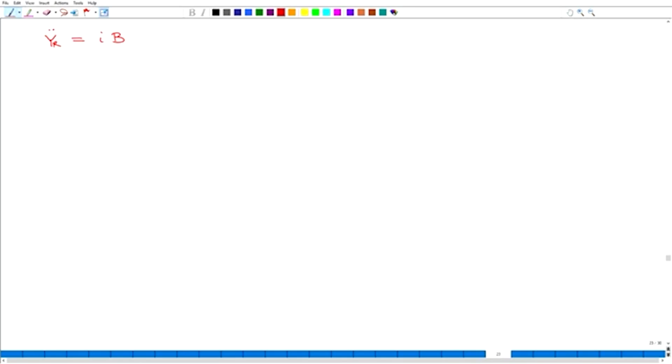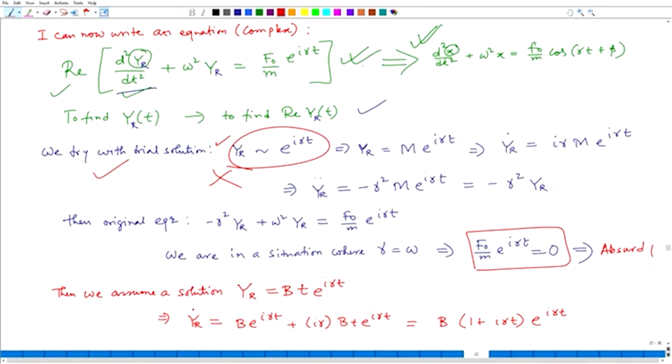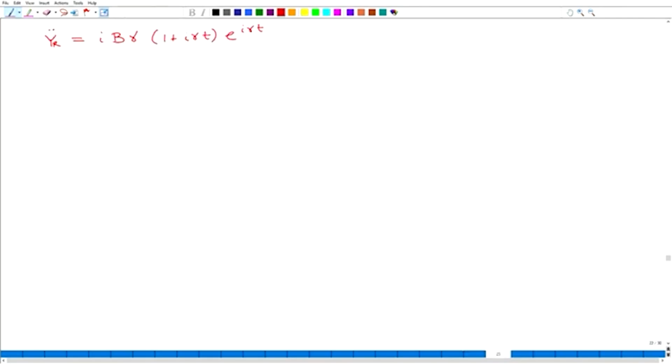So, it should be I b gamma times 1 plus I gamma t, e to the power I gamma t, because I first take d/dt over this term. So, one I gamma will come and this term will be unchanged. Then I will do d/dt of this term, keeping this term unchanged, and that will give me I b gamma, plus I gamma b e to the I gamma t.